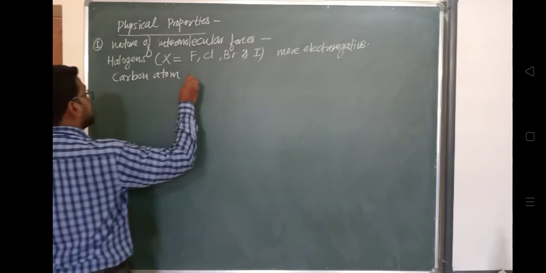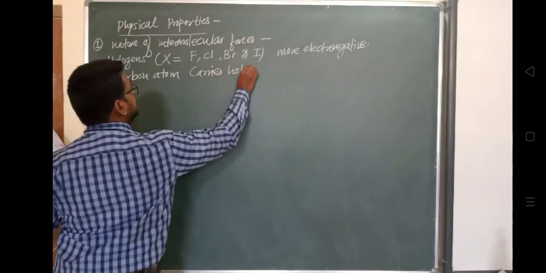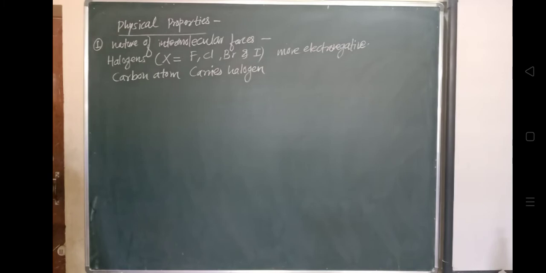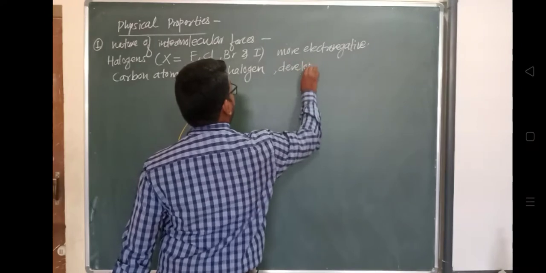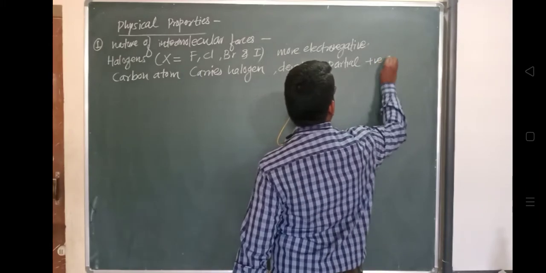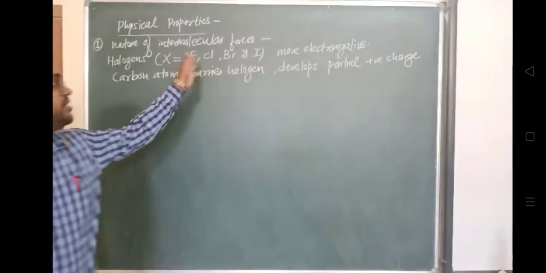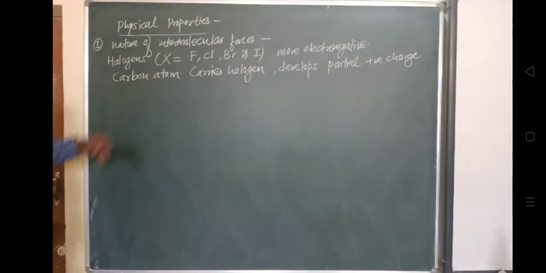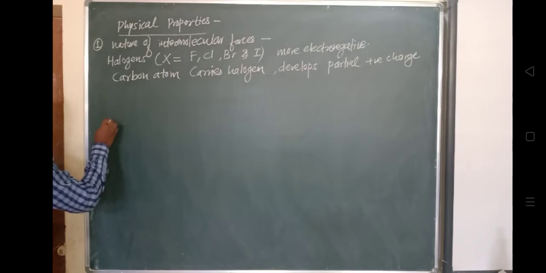The carbon atom that carries the halogen develops a partial positive charge, since carbon is electropositive as compared with the halogen elements. In this way, the carbon-halogen bond in alkyl halide is a polar covalent bond. Therefore, alkyl halides are moderately polar compounds.